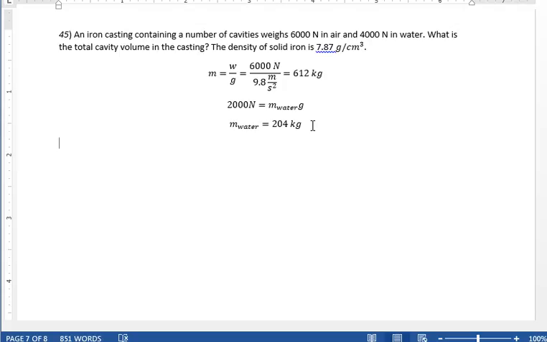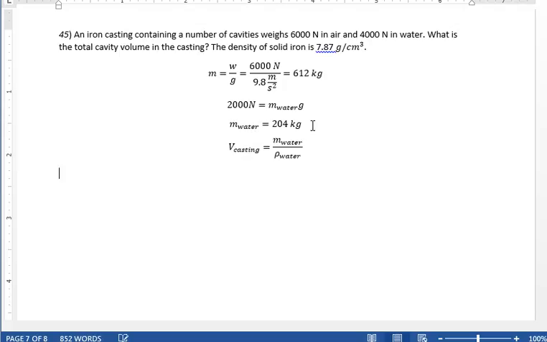All right, what is the total cavity volume in the casting? First let's get to the volume of the casting. What is the volume of the casting, including the cavities? The volume of the casting is the volume of the water it's displaced, which is the mass of the water divided by the density of water.